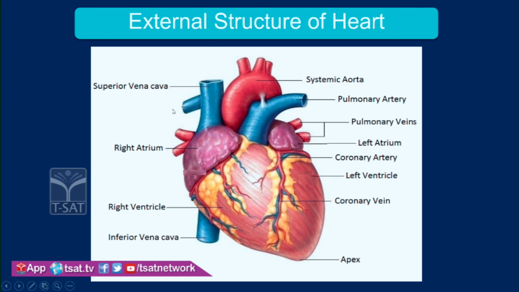The right pulmonary artery carries deoxygenated blood to the right lung. The left pulmonary artery carries deoxygenated blood to the left lung. This is for the right lung, this is for the left lung. In the lungs, blood will be supplied oxygen. Now the blood becomes oxygenated.